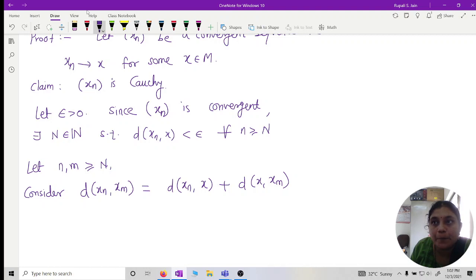Not equal, it is less than or equal to. The distance between xn and xm is less than or equal to the distance between xn and x plus the distance between x and xm, using the triangle inequality.